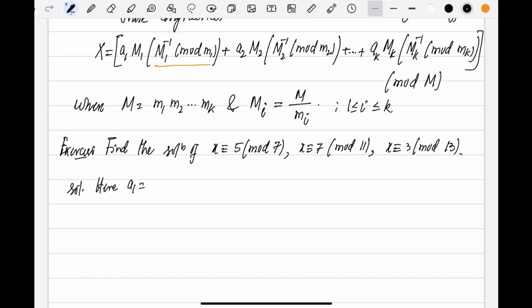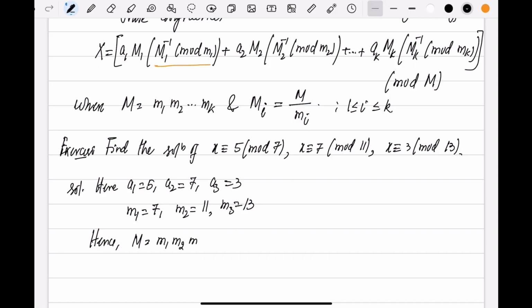Here a1 is equal to 5, a2 is equal to 7, a3 is equal to 3. m1, the first modulus, is 7, m2, the second modulus, is 11, m3, the third modulus, is equal to 13. Hence capital M is defined as m1 into m2 into m3, which is 7 into 11 into 13.